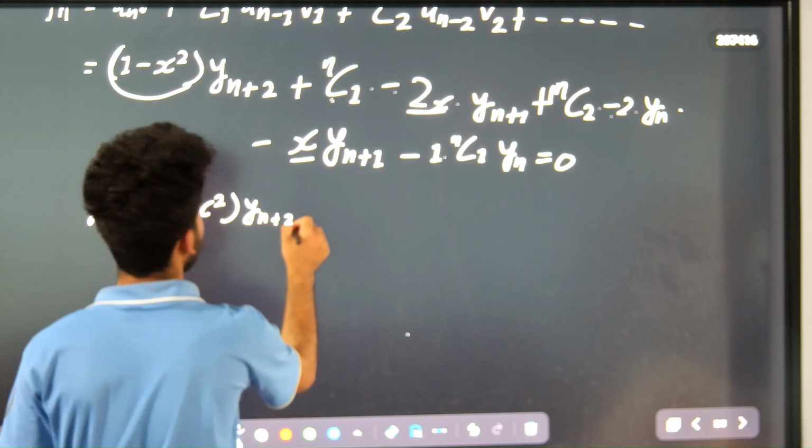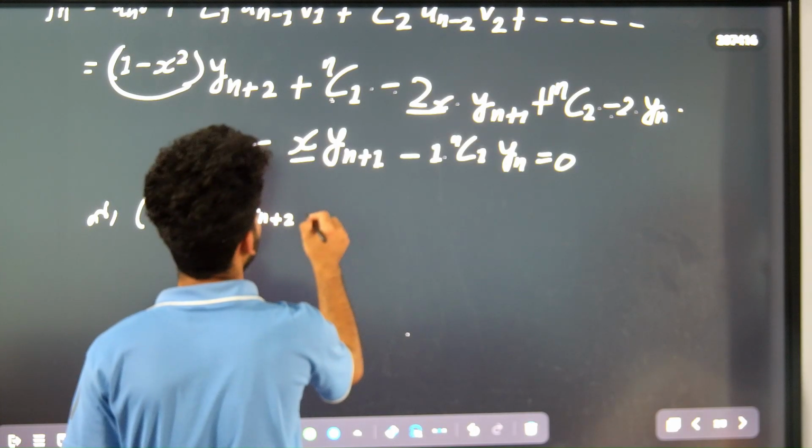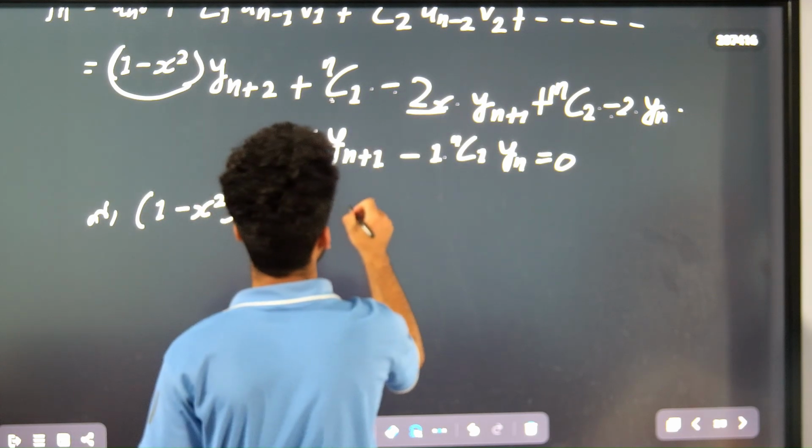1 minus x square yn plus 2, minus, this term becomes minus 2.